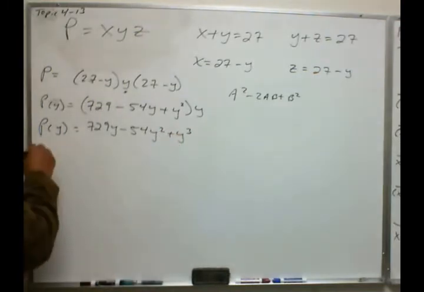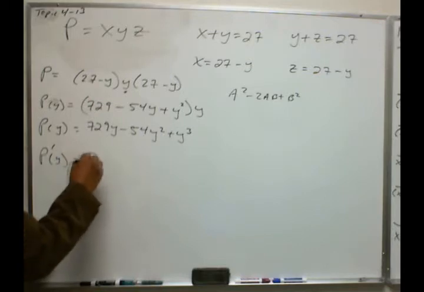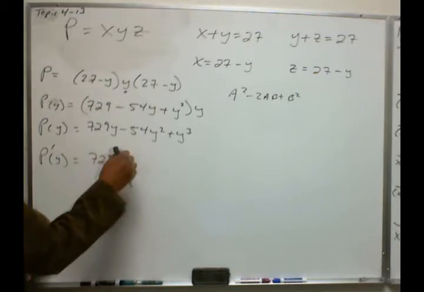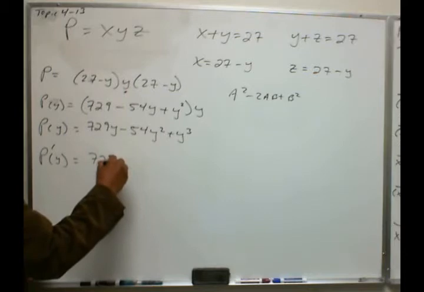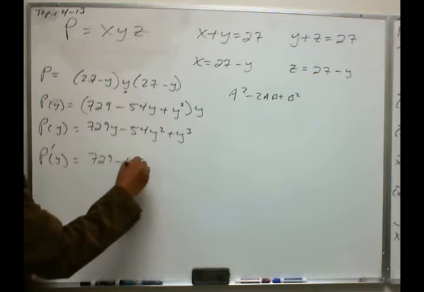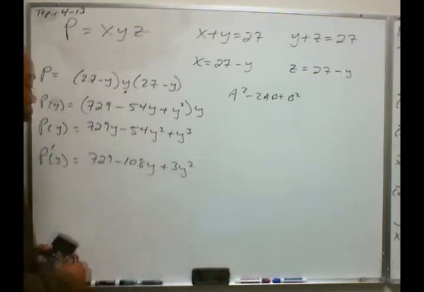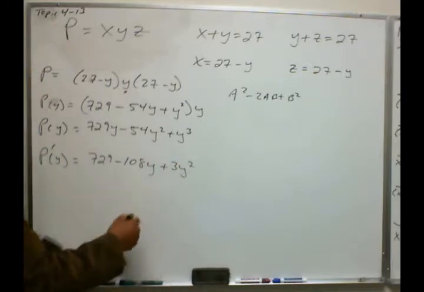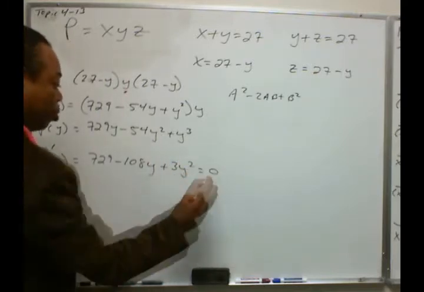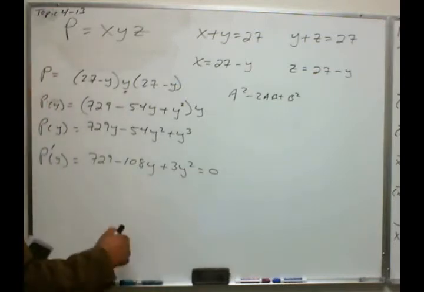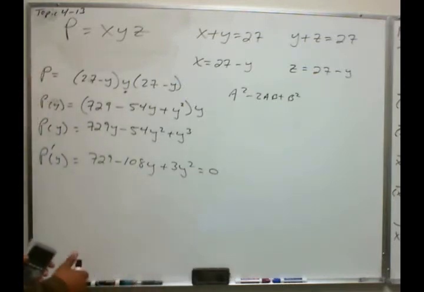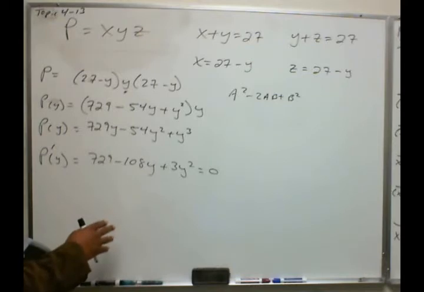Now I'm going to take a derivative of this. So we have p prime of y, the derivative, and we get 729. 2 times 54 will give us 108y plus 3y squared. Now I'm going to set this equal to 0. And this is going to be a parabola, and we want to find basically the intercepts.